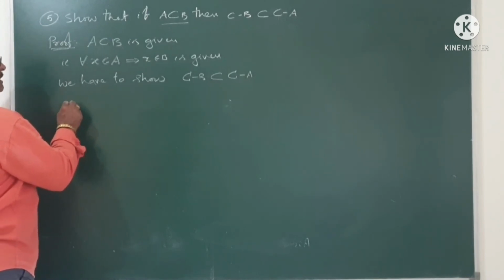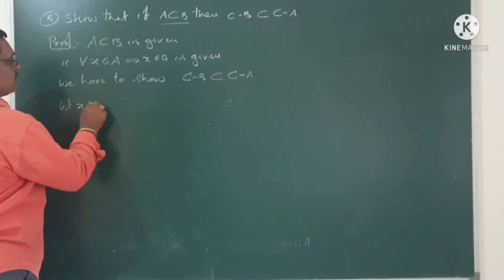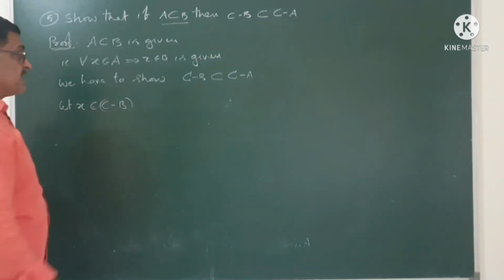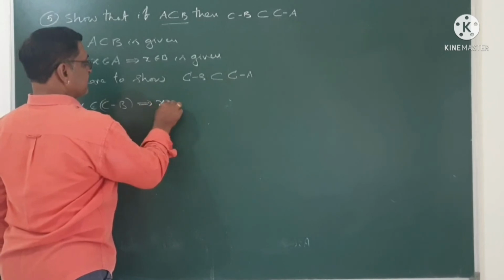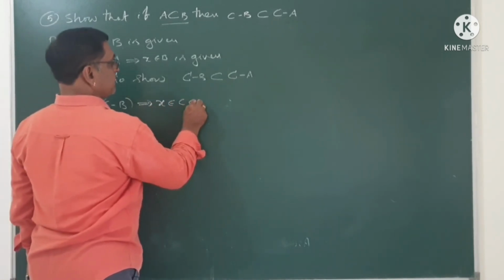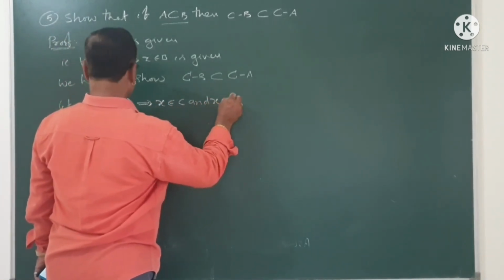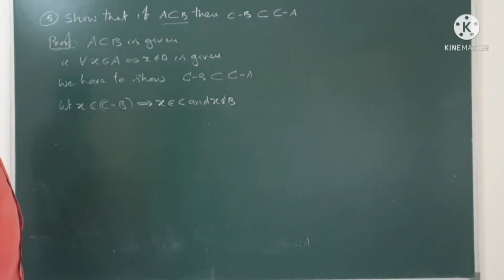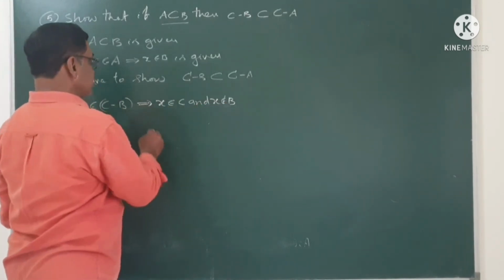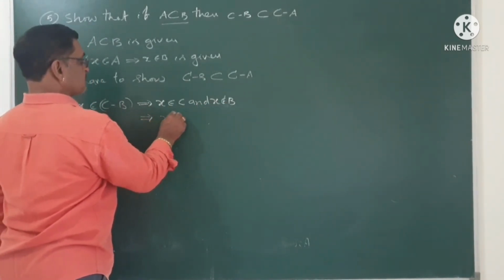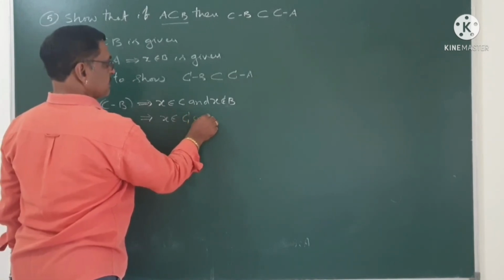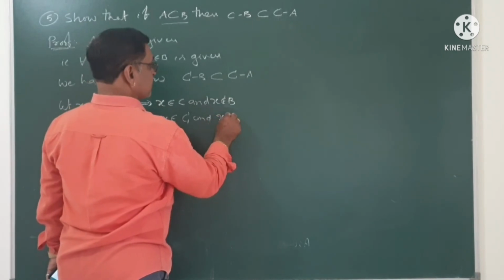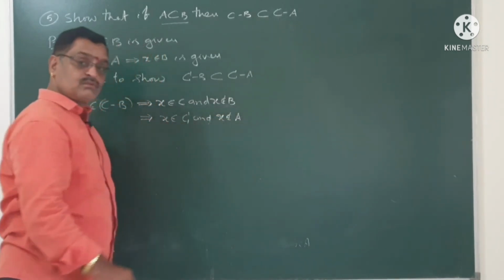Now, let x belong to C minus B. When x belongs to C minus B, it means x belongs to C and x does not belong to B. When x does not belong to B, this implies x does not belong to A also.